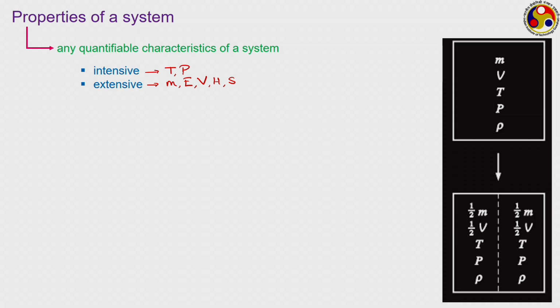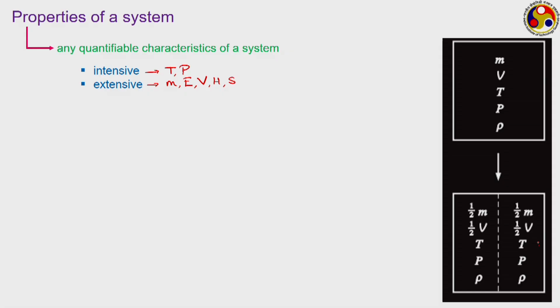Now, if we divide the system into two equal components and check the properties of those two individual systems, then what will happen? Temperature, pressure and density will remain the same, but mass and volume will become half. So, these three are intensive properties, whereas these two are extensive properties because they are dependent on the size of the system.